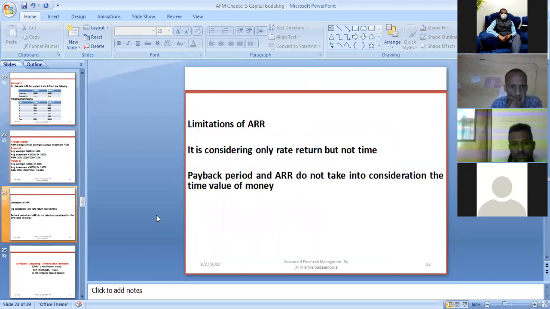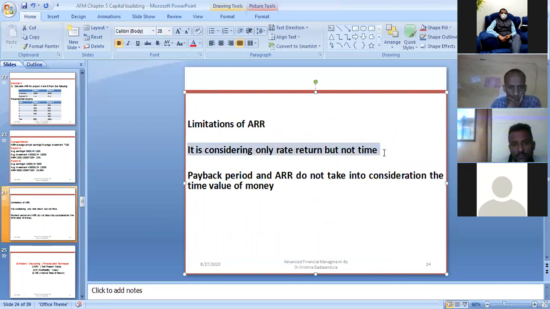But what are the limitations of ARR? It is considering only the rate of return, but not time. How much time it is taking is not calculated. The payback period considers the time, but not the rate of return.